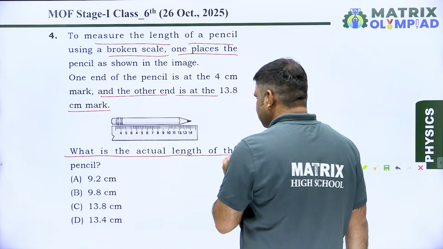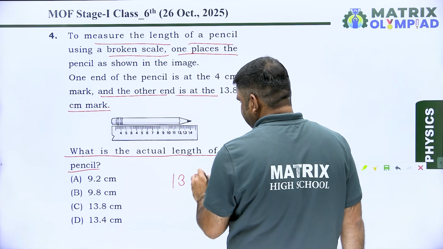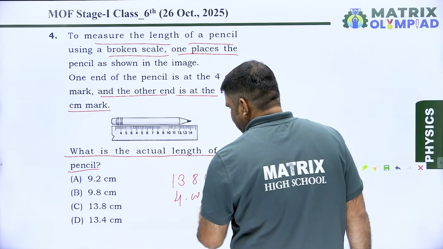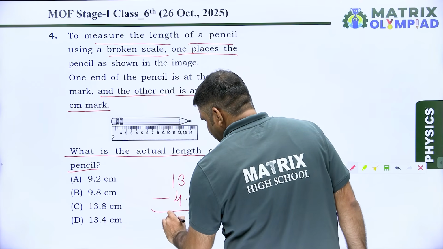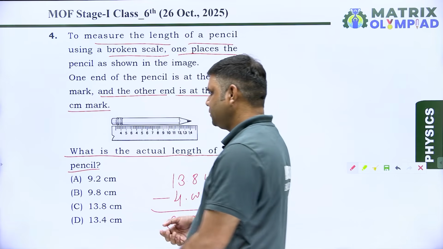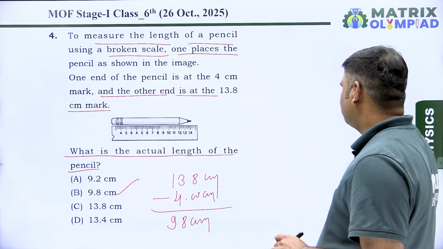What is the actual length of the pencil? So one end is at 13.8 centimeter and the other is at 4 centimeter. So the actual length is 9.8 centimeter. So our correct answer will be option B, which is 9.8 centimeter. Move to the next question.